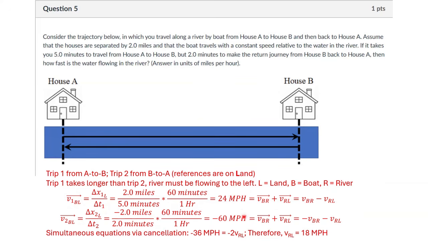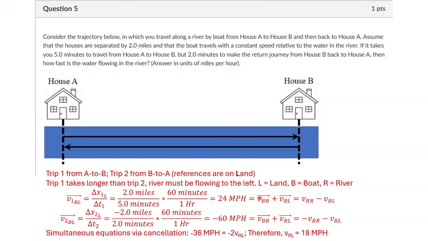So see how the second subscript matches the second letter in the subscript of the thing I have, and the first subscript of the first term matches the first letter in the subscript of the thing I have. So you basically make a sandwich where the outer subscripts match what's on the other side, and then you have a common reference that bridges. Anytime you set up a vector equation this way, it will always work. That's the key to doing relative velocity equations.